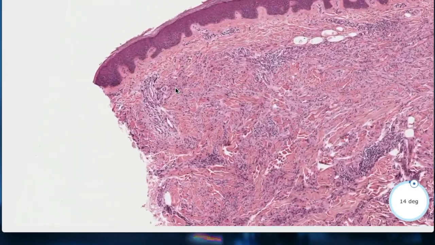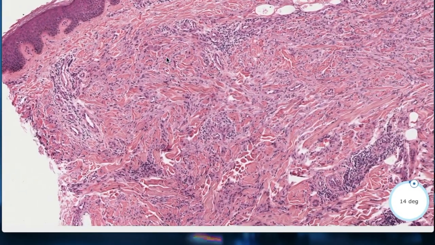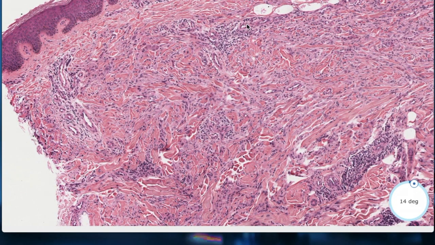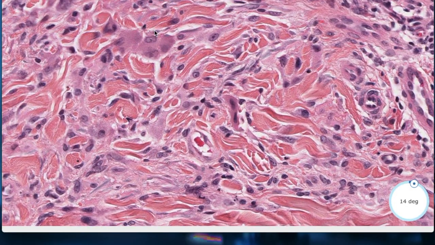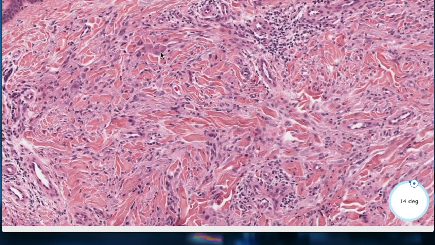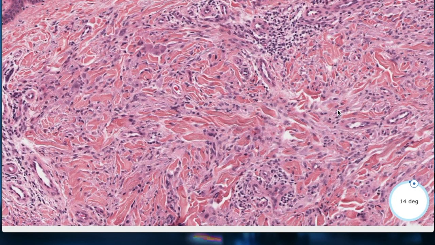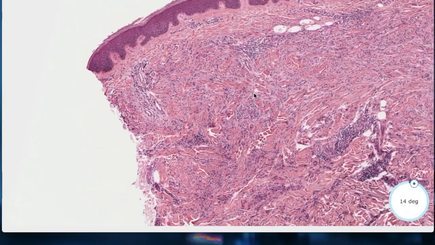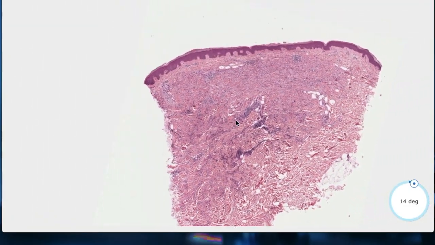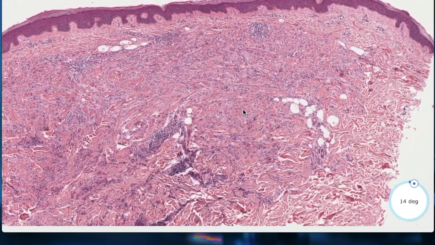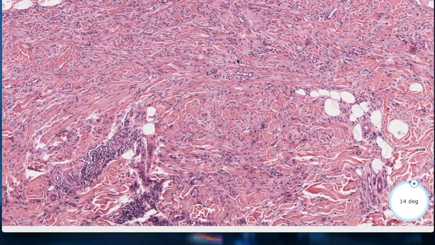And if you try to identify also, you can see some giant cell formation like this one here, multinucleated giant cells with lots of mucin deposition, especially surrounding these areas.